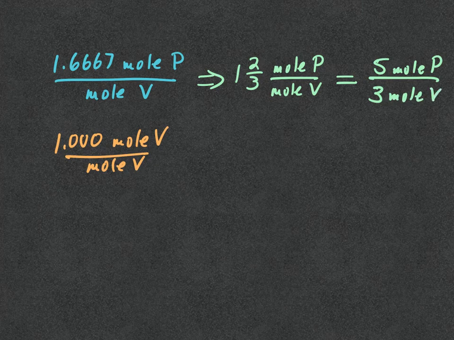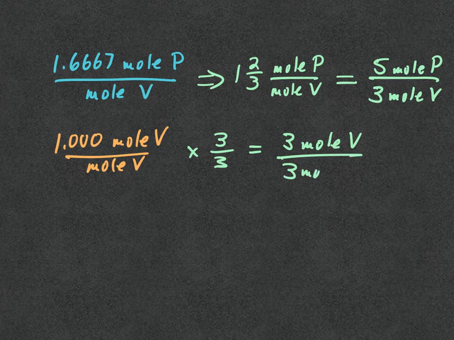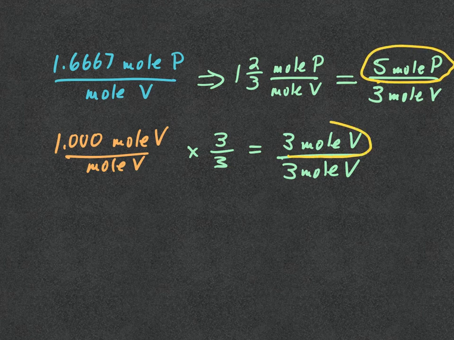If we multiply this by 3/3 to make the denominators the same, we get 3 moles of vanadium per 3 moles of vanadium. But the important thing is 5 to 3 is a simple whole number ratio.